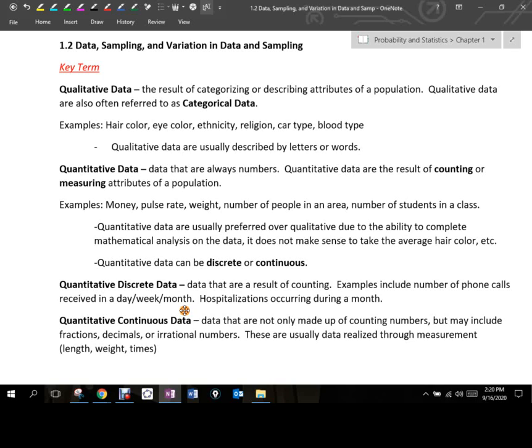Does that make sense? So qualitative is hard to do our statistical analysis with. But quantitative, just because of the structure, makes it a little bit easier, and that's the kind of stuff that we like. Examples of quantitative data are money, pulse rate, height, weight, number of people in a room, an IQ score.